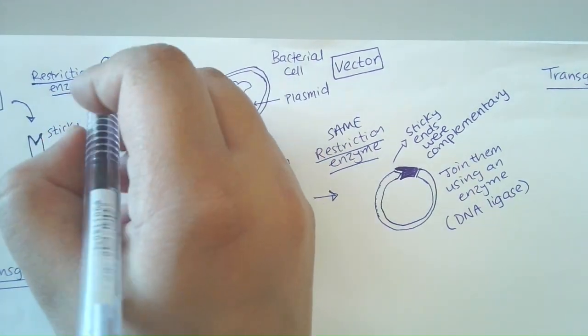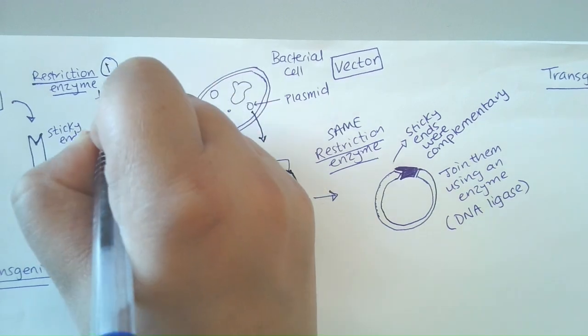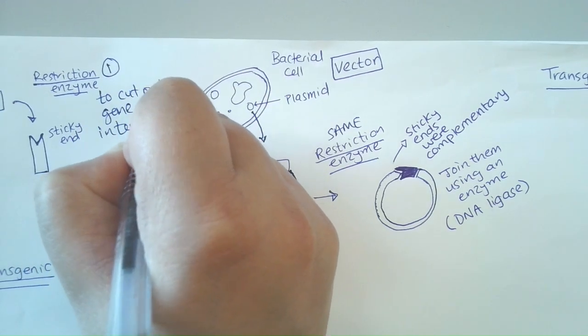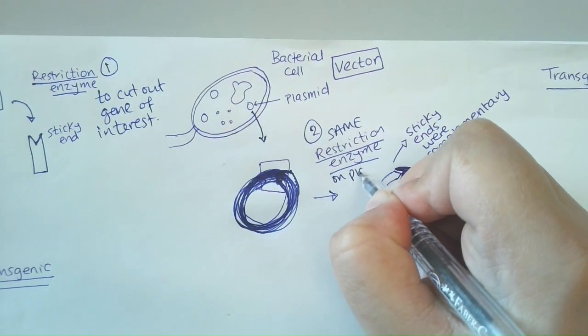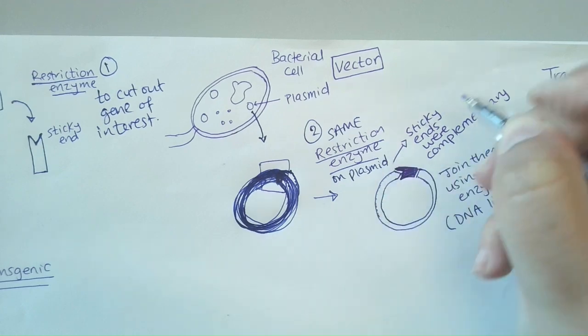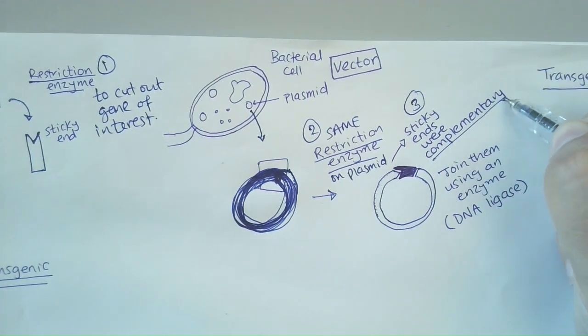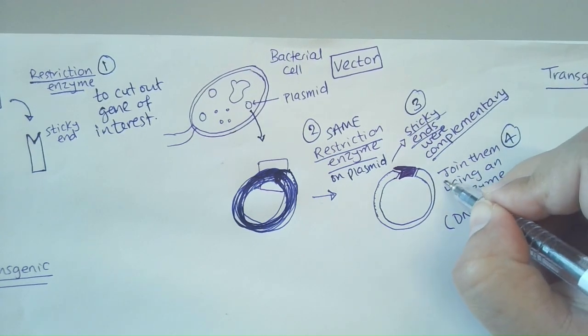Number one, this is the restriction enzyme to cut out the gene of interest. Number two, use the same restriction enzyme on the plasmid. Number three, the sticky ends then will be complementary to each other. Number four, join them.